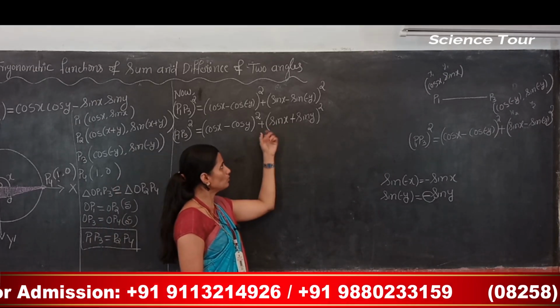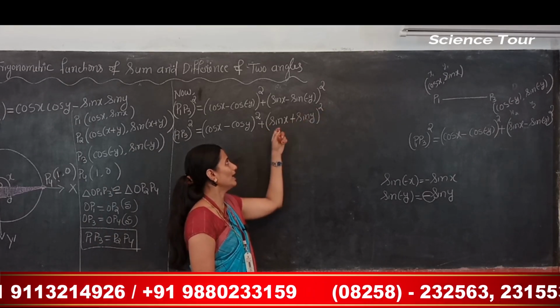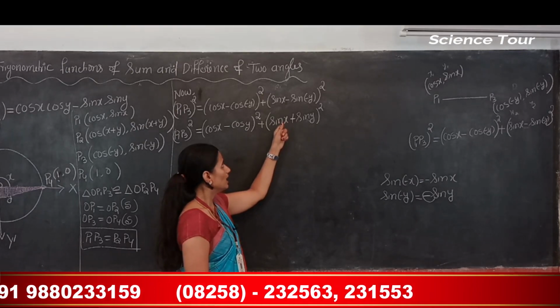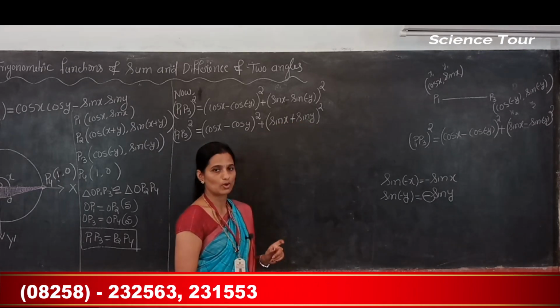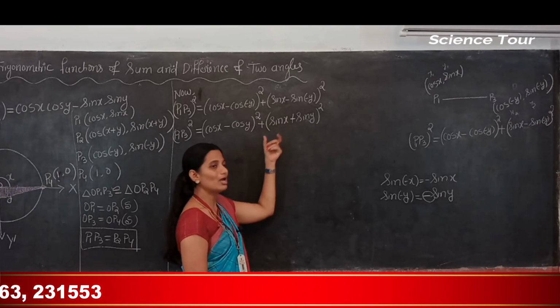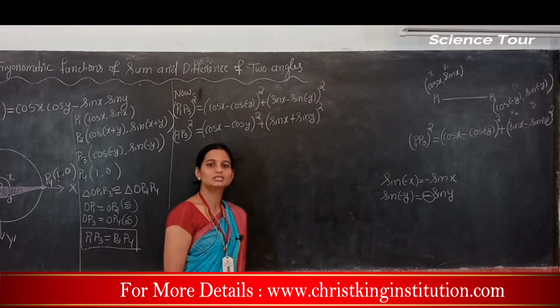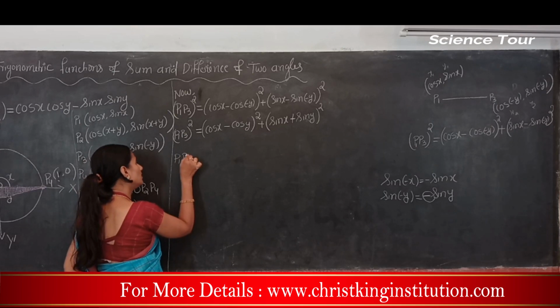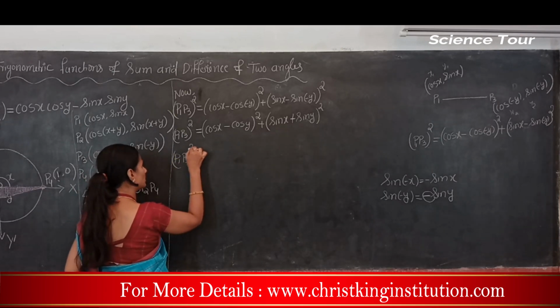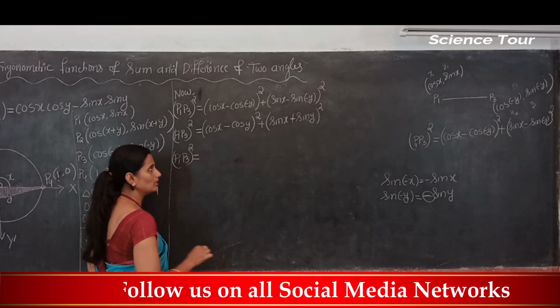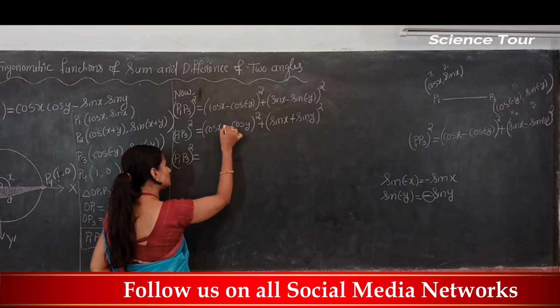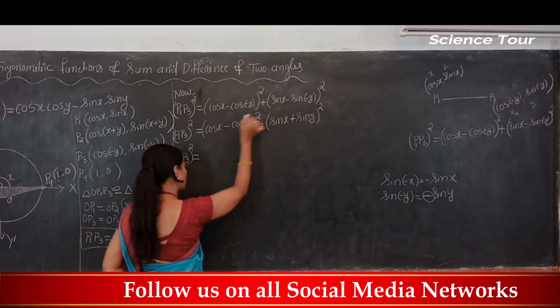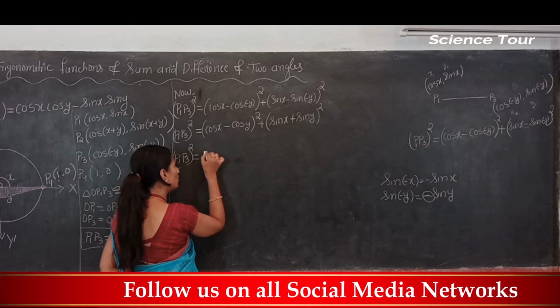Now next, how to simplify this whole square? It is in the form of a plus b whole square, that means a square plus b square plus 2ab. So use it. So now P1, P3 whole square is equal to, yes, the formula, cos x minus cos y whole square is a minus b whole square.